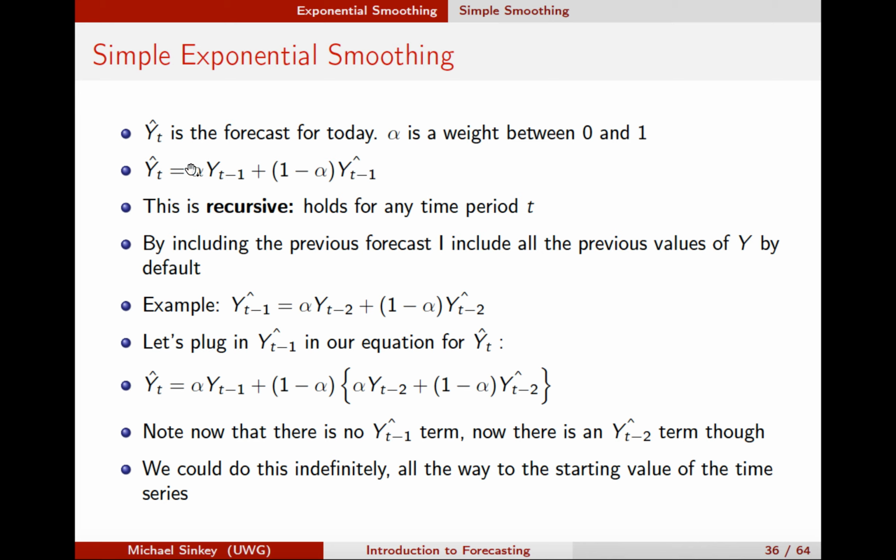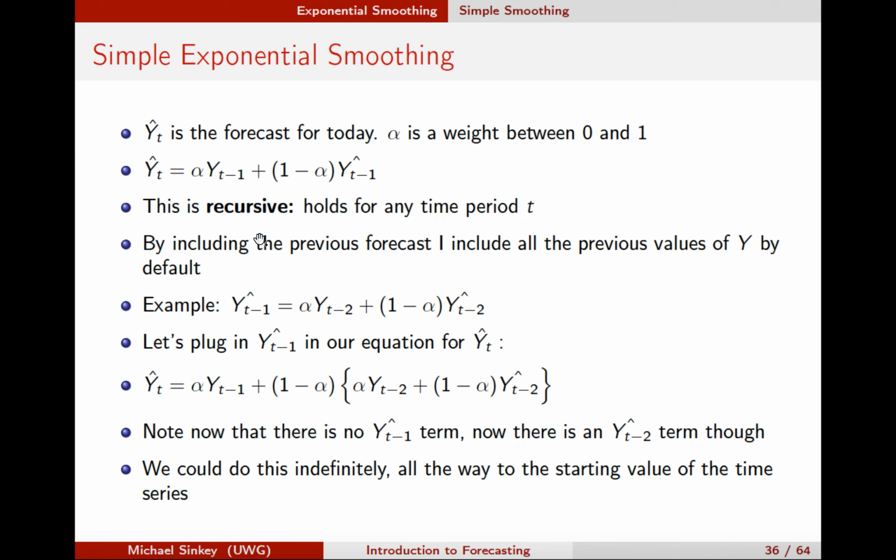YT hat is the forecast for today. I use the data from yesterday and the forecast from yesterday. This is what we call recursive. It holds for any period t. So it doesn't matter if I define t to be tomorrow or the next day or yesterday. Whenever you do it, you're using the data from the previous period and the forecast from the previous period.